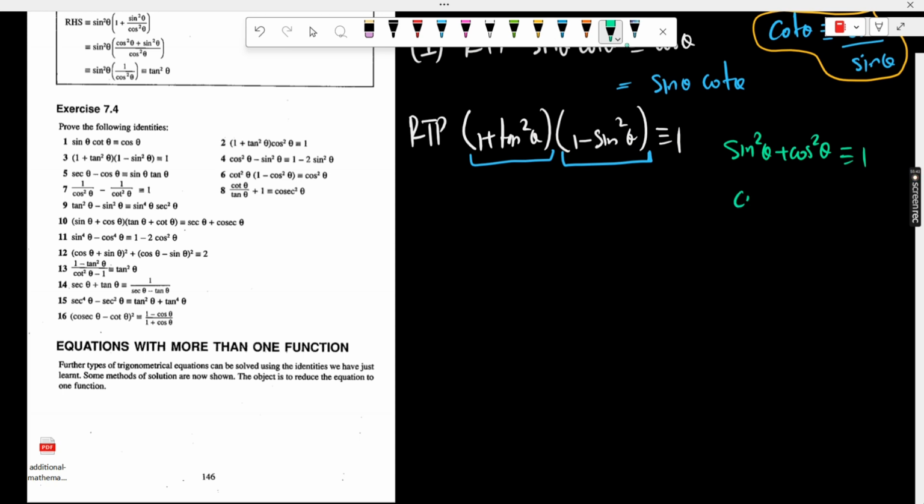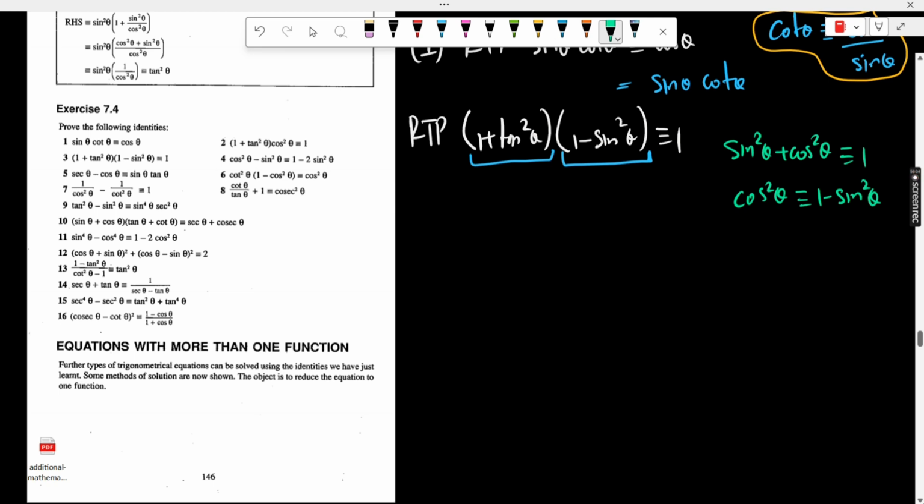And this therefore means that cos squared theta is equivalent to 1 minus sine squared theta. So anywhere we see 1 minus sine squared theta, we could replace it with cos squared theta. Is that clear?